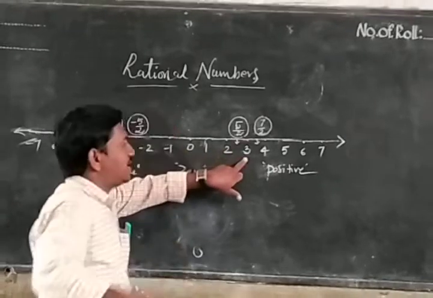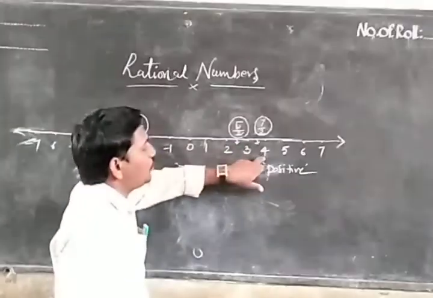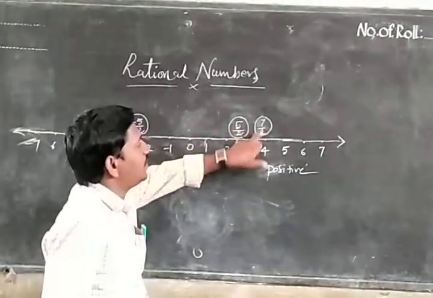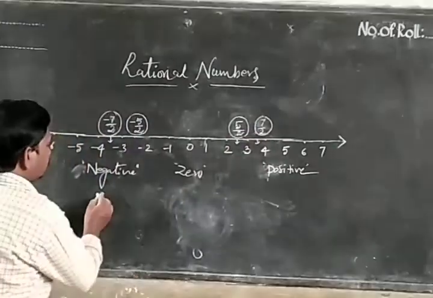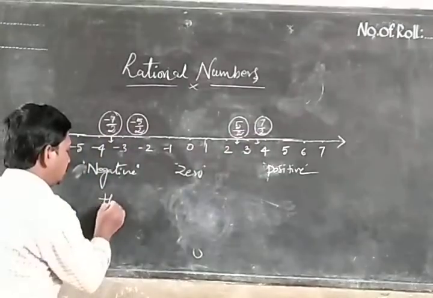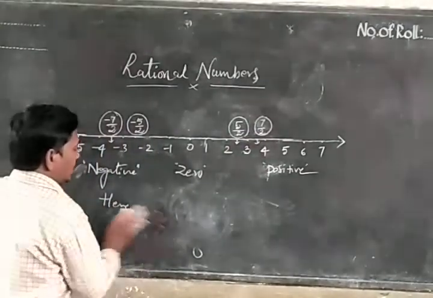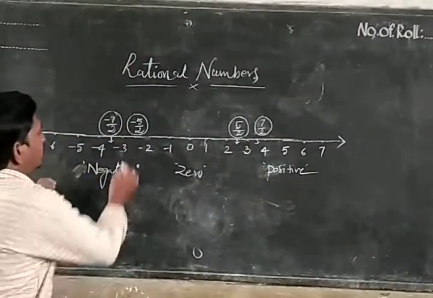2 and 3 are rational numbers, giving 5 by 2. 3 and 4 are rational numbers, giving 7 by 2 between them. So here you can show rational numbers like that.